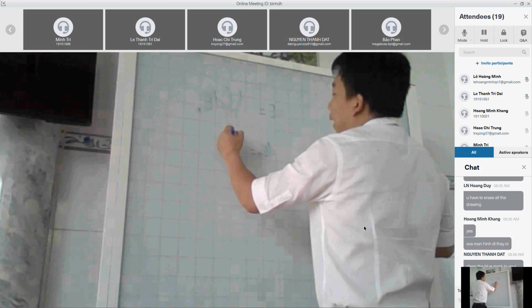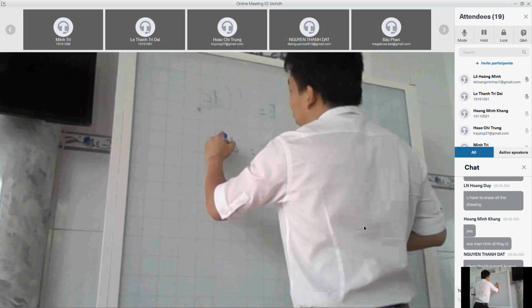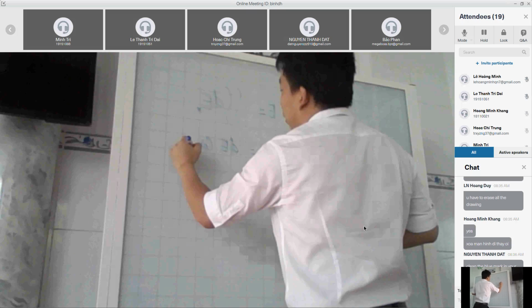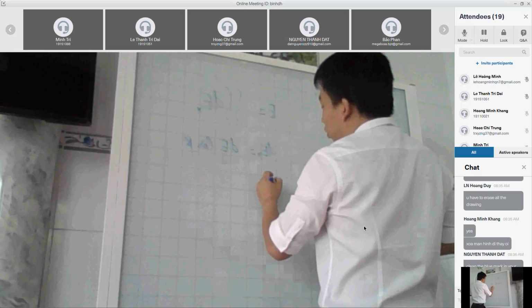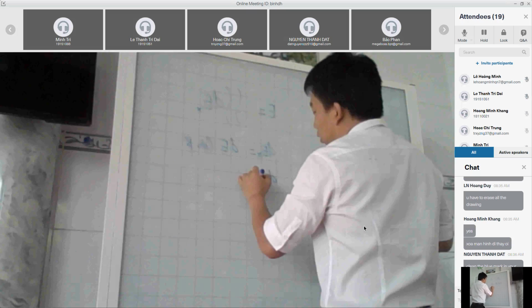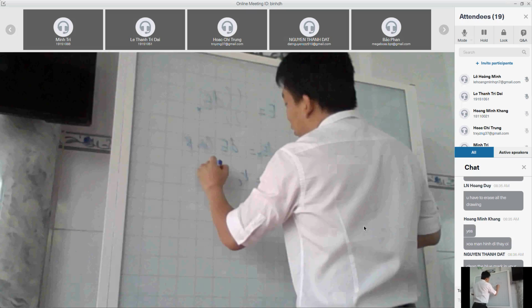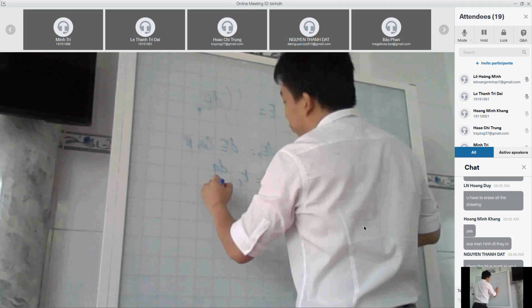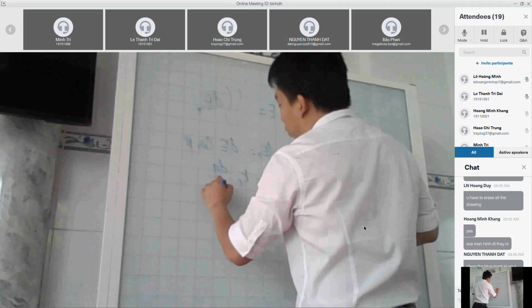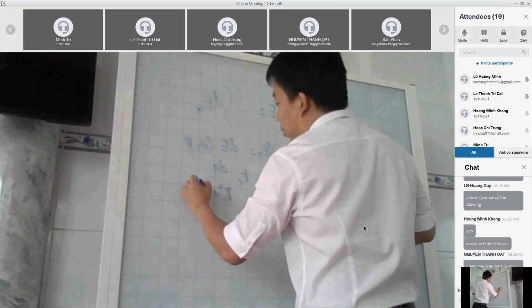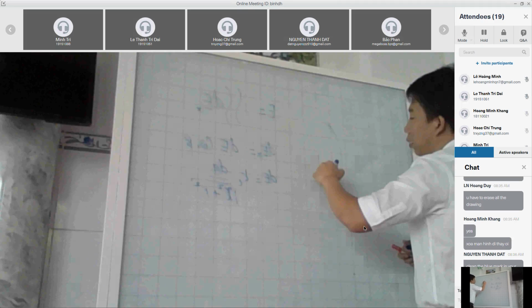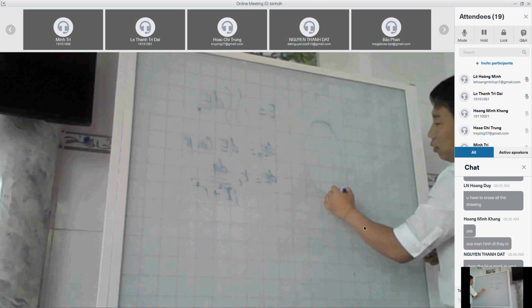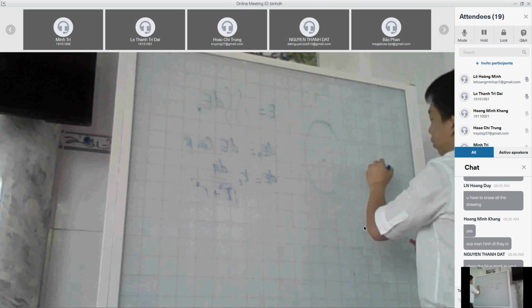We have dE_x equal dE cos theta, right? And you already have dE equal k_e dq over s squared plus R squared.